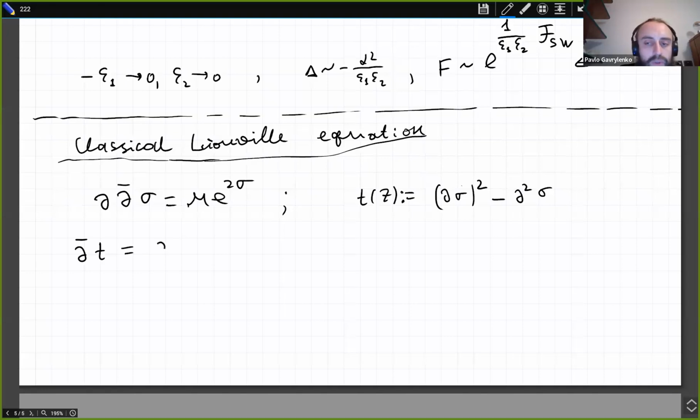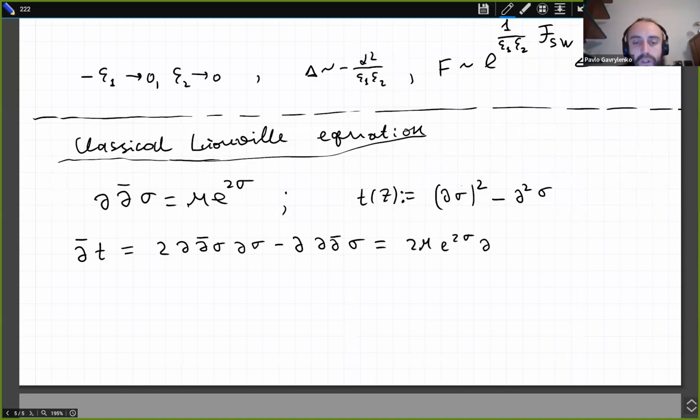So it is 2 d-bar sigma d sigma minus d of d-bar sigma. Now substitute what d-bar sigma is. It is 2 mu e to the sigma d sigma, and another term is d mu e to the sigma.